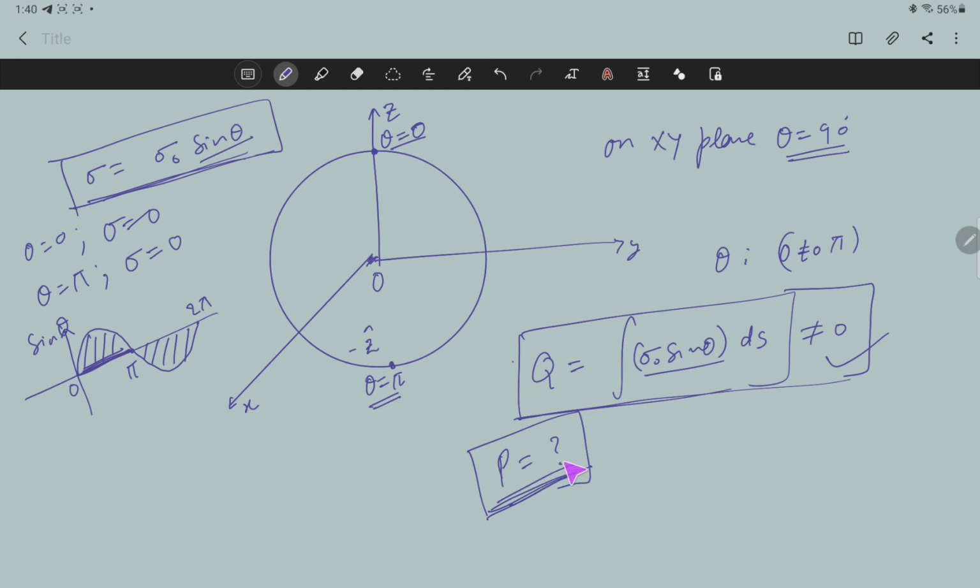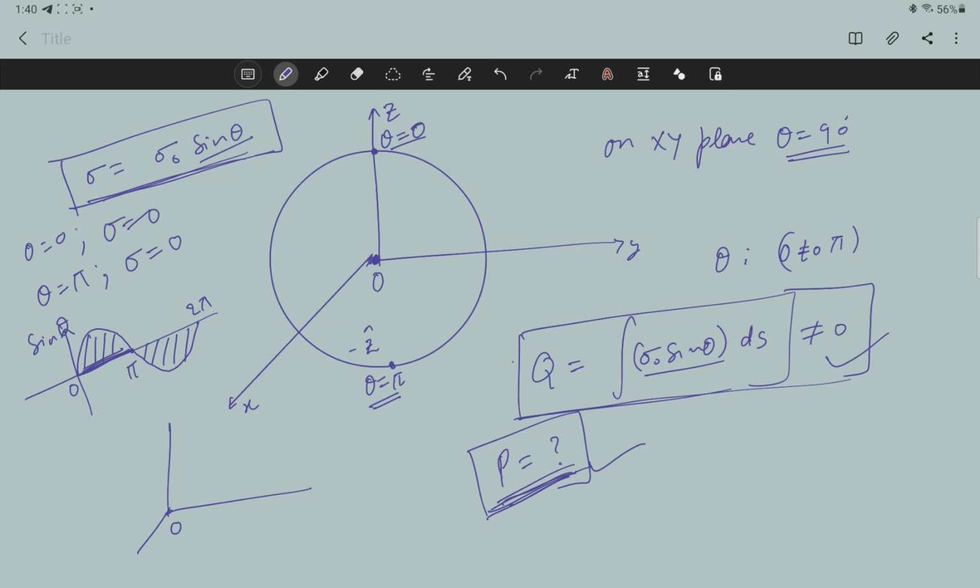If you take the origin at the center of the sphere, this dipole moment will be 0. But if you shift your origin outside the sphere, the dipole moment will not be 0. So this is the situation.